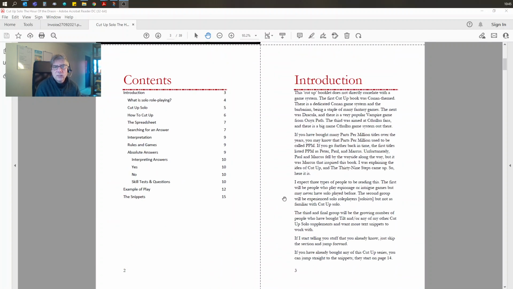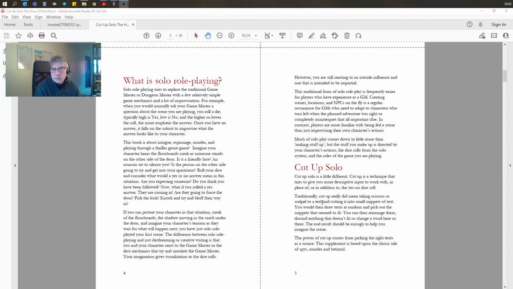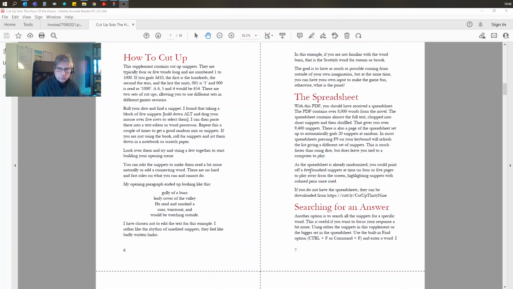What you get is a little bit of introduction about cut ups and how it fits into non-authoring. What is solo? What is cut up solo? How's it cut up? Now, this is the first little hint of what the big change is in this book, but I'll come back to that in a second.